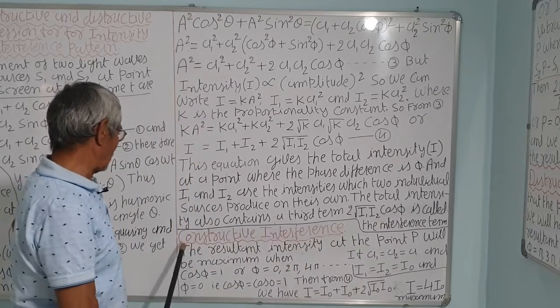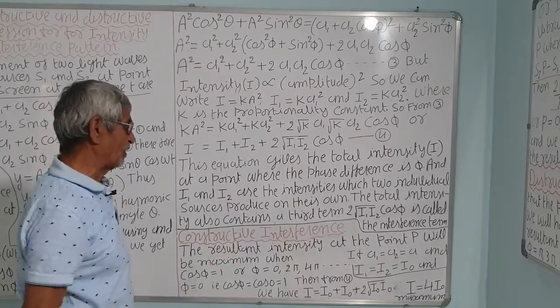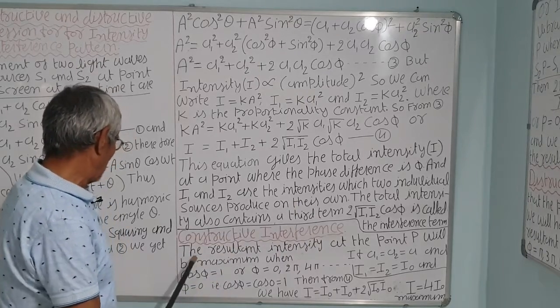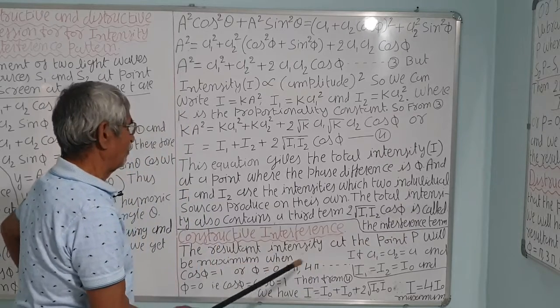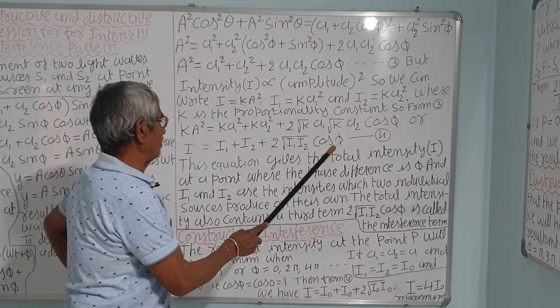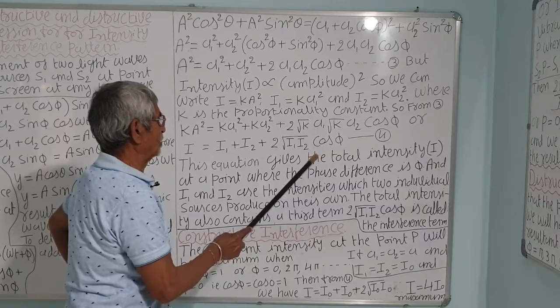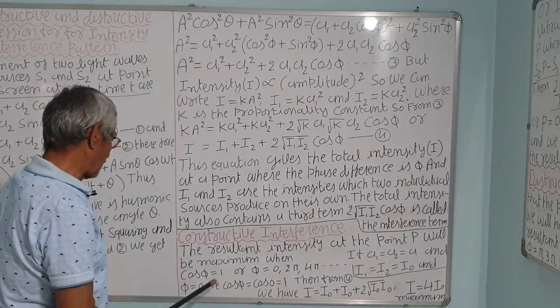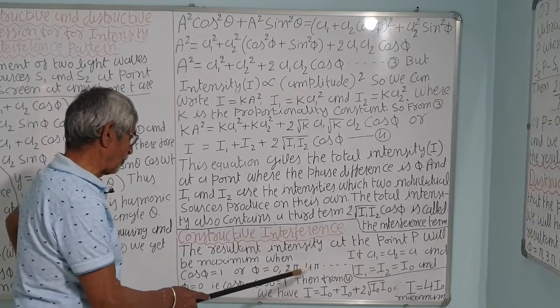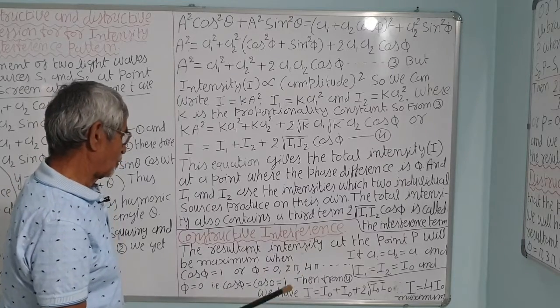Now let us see a very important point, constructive interference. When will constructive interference take place? The resultant intensity at a point P will be maximum when cos phi is 1, that is phi is equal to 0, 2 pi, 4 pi and so on.